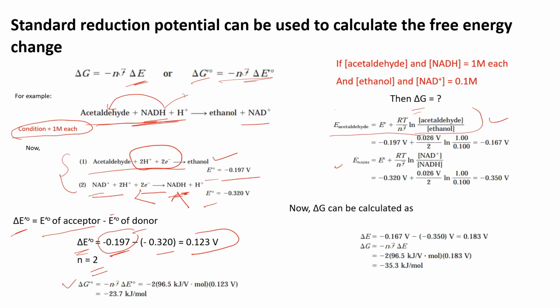Putting all the values, we'll get the value of E for acetaldehyde. Similarly, for NADH also, putting all the values of NAD plus and NADH, the rest remains constant, so we'll get the value of E. After we get the reduction potential for both acetaldehyde and NADH, we'll calculate delta E. The formula is E of acceptor minus E of donor.